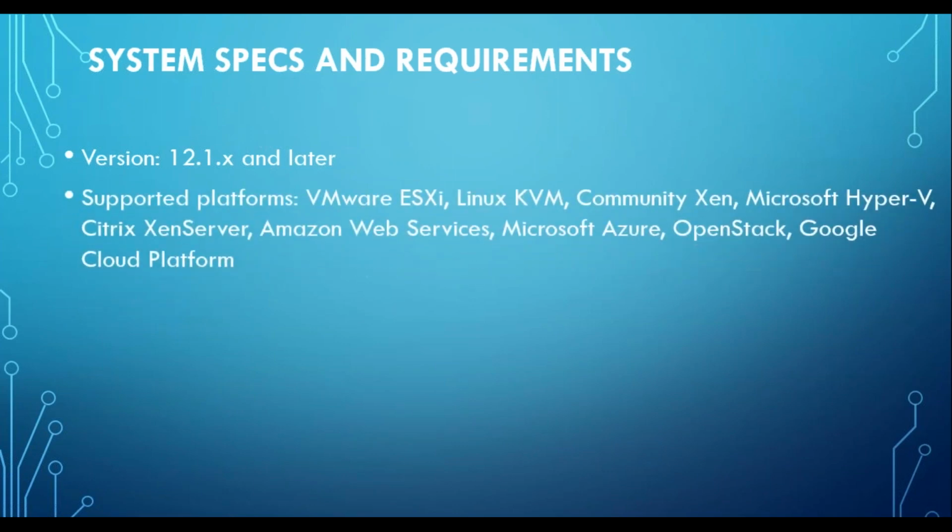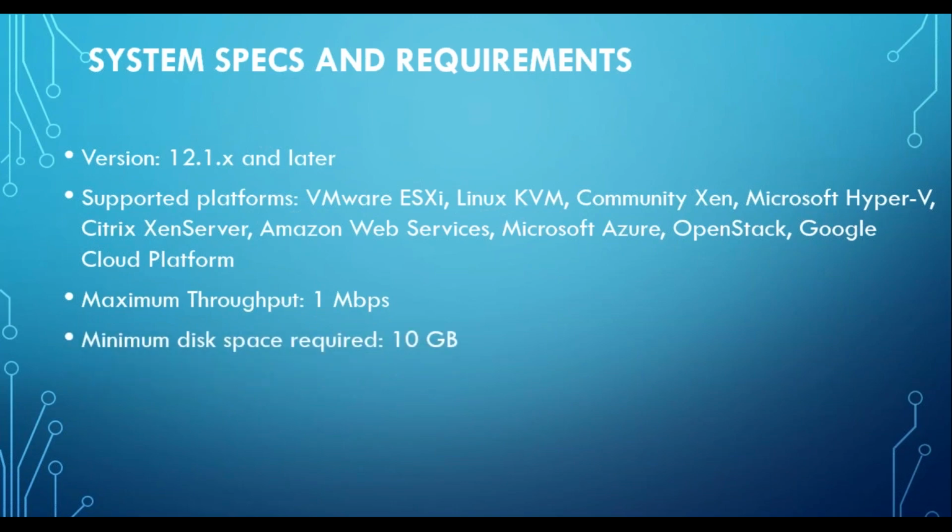The various supported platforms are ESXi, KVM, Citrix Xen Server, or even in the cloud you can configure all these products. The maximum throughput that it gives is 1 Mbps. Minimum disk space required to configure this product is 10 GB.